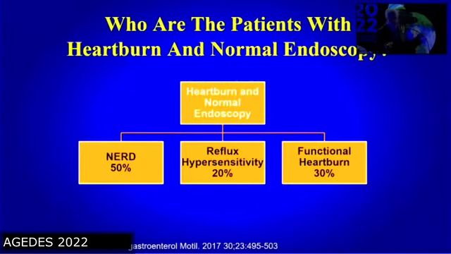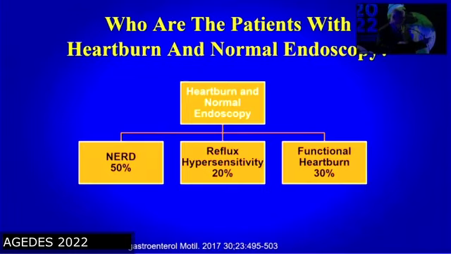Now, if you have a patient that presents with heartburn as their predominant symptom, and you do an endoscopy and the endoscopy is normal, the major or most of the underlying medical problems that can lead to that, not all of them admittedly, are non-erosive reflux disease, reflux hypersensitivity, or functional heartburn.